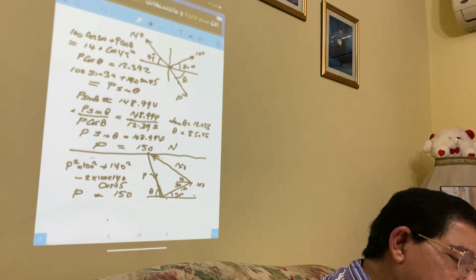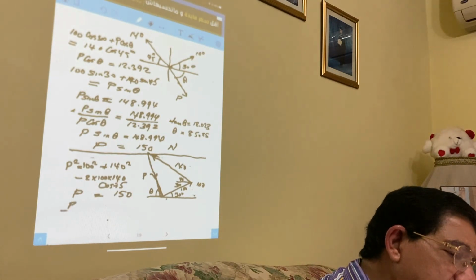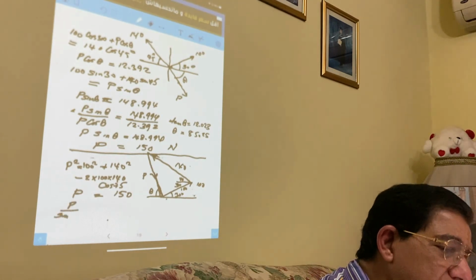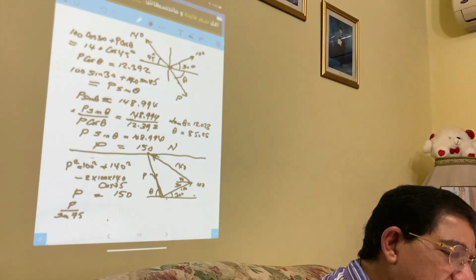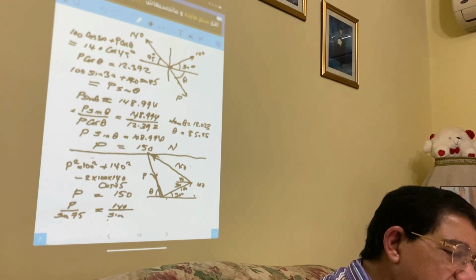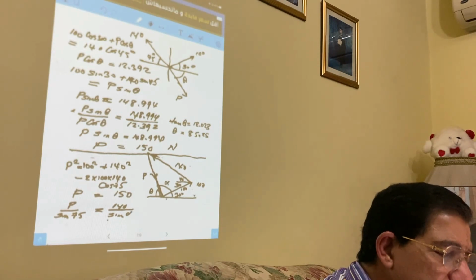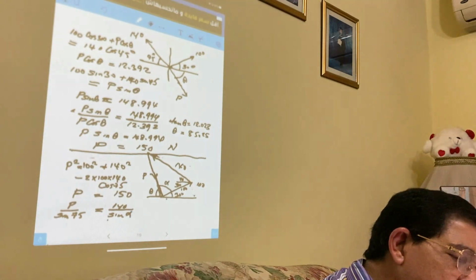We are going to say P divided by sine 75 equal 140 divided by sine this angle, we call it alpha. With the sine rule, you get the value of the angle alpha.